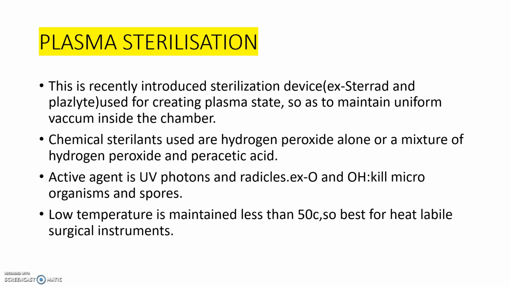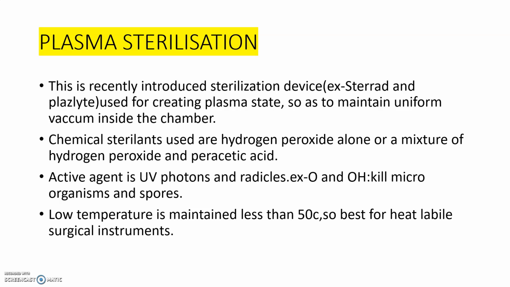Next is about plasma sterilization. This is a recently introduced sterilization procedure, that is STERRAD and Plazlyte, and it is used for creating a plasma state. How? By maintaining a uniform vacuum inside the chamber. Vacuum means without air. The chemical sterilants used in this type of sterilization are hydrogen peroxide alone or a mixture of hydrogen peroxide and peracetic acid.